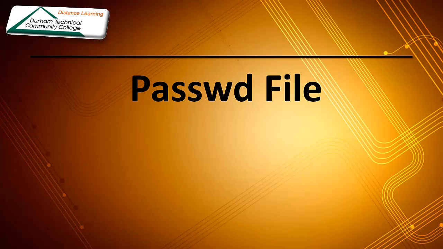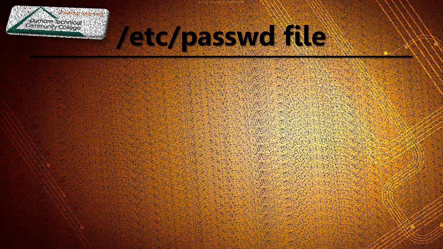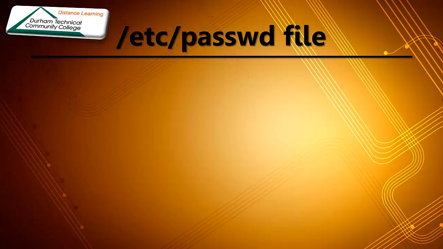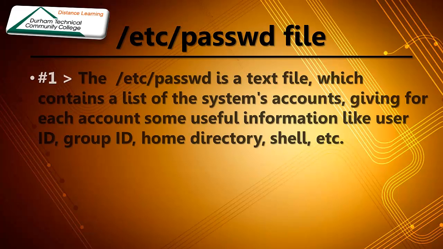Before viewing the password file, let us understand what it contains. The /etc/passwd file stores essential information for user accounts, which is required during login. It is a text file which contains a list of system accounts, with an entry for each user account.